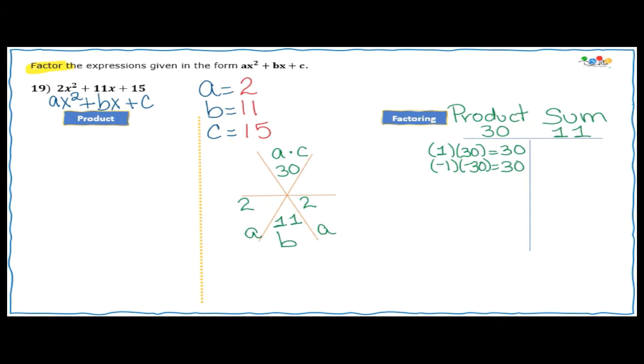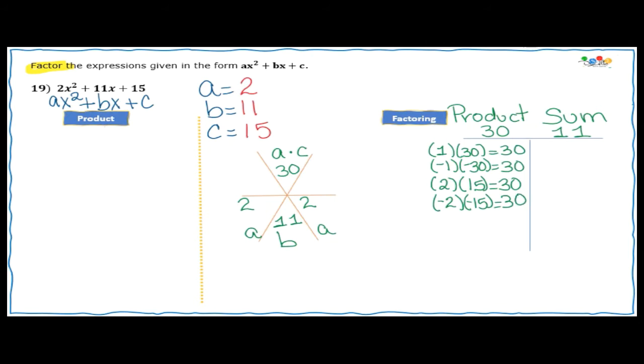What about 2? Yep, 2 times 15 gives you a 30. So I'm hoping you remember that negative 2 times a negative 15 is going to give you a positive 30, right?